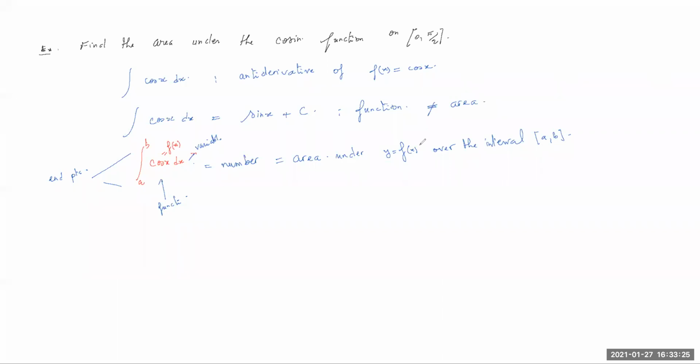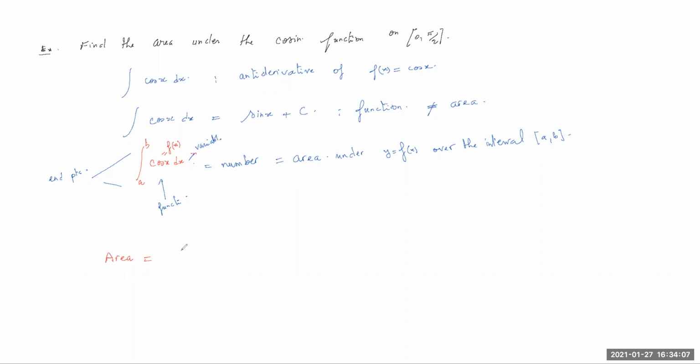We found sine x. So since we are specifying exactly what the area is, how can you express the area of the cosine function on the interval 0 to pi over 2? Which number? What is your area? How can you write it? Which formula will you use?